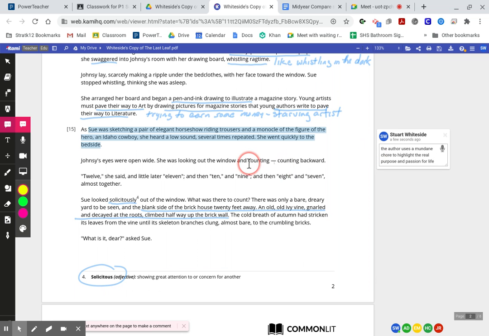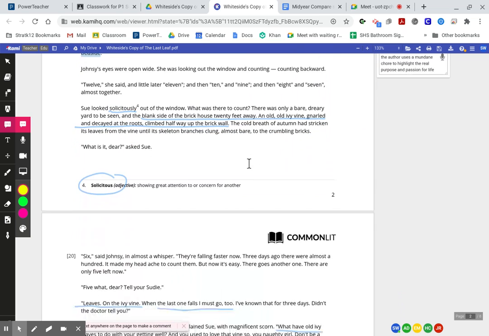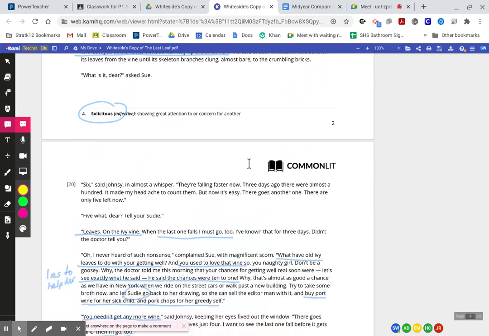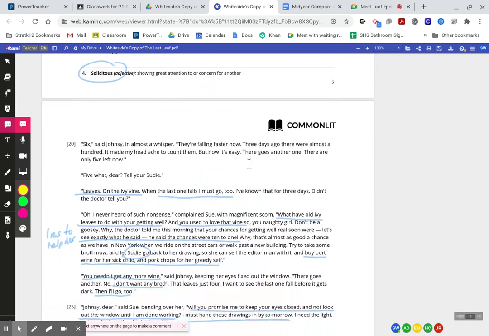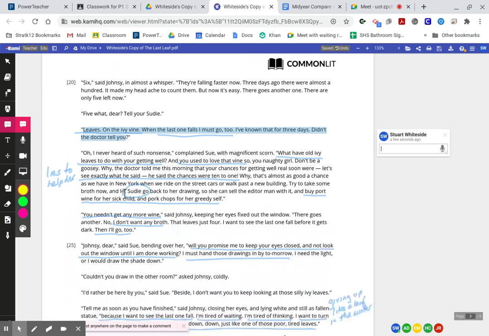Maybe. And then the interesting thing is, Johnsy, the girl that's dying, is counting the leaves on the vine as they fall. And metaphorically, she is sort of counting down to the end of her life. And she's going to give up when all the leaves are gone.